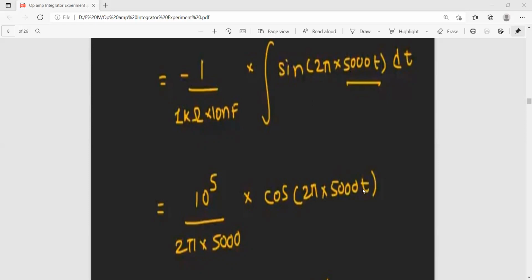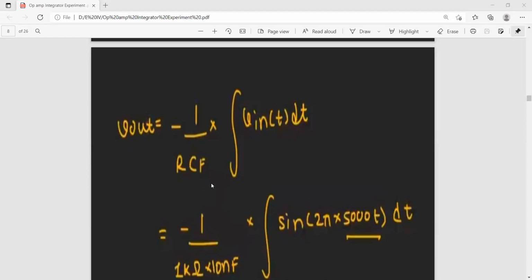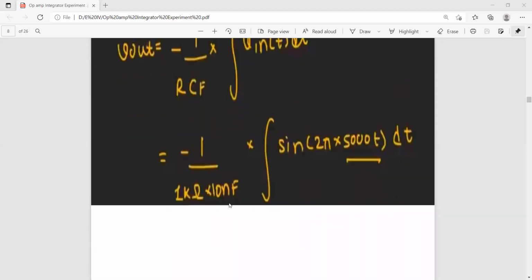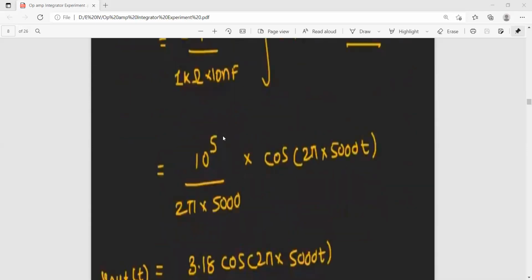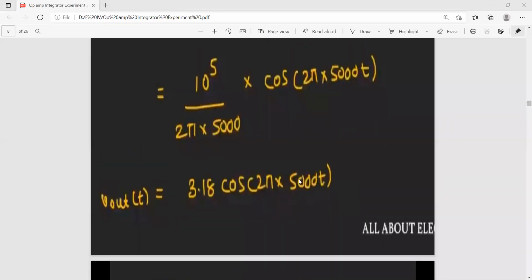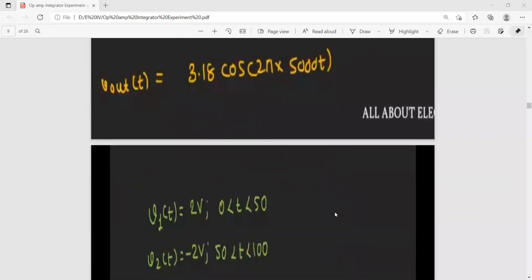Also based on these values, R is 1 kilo ohm and CF, let us assume, is 10 nanofarads. So if you want to find this value, we are getting approximately 10 to the power of 5 divided by 2 pi into 5000. Roughly it is equal to 3.18 cos. So this is the general formula.